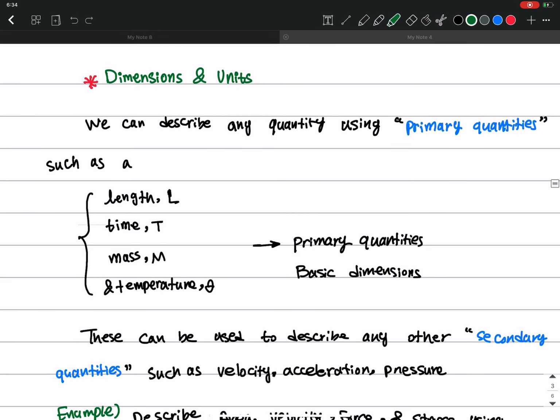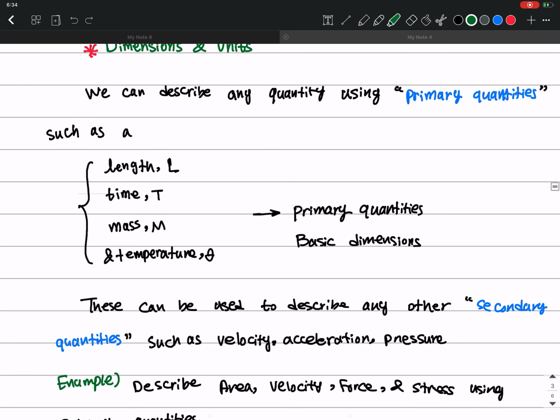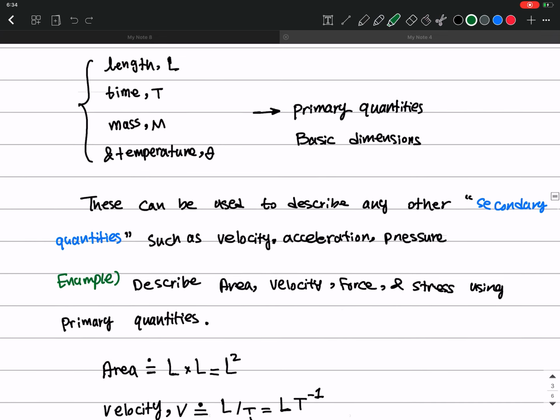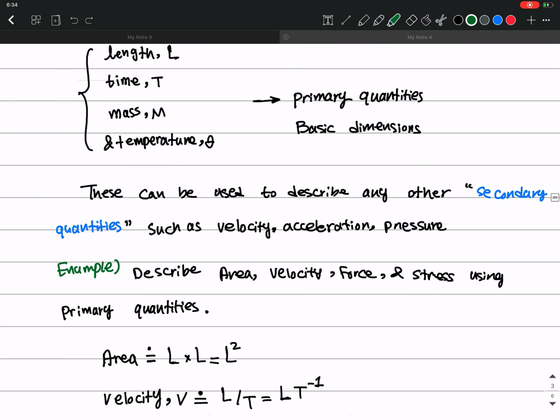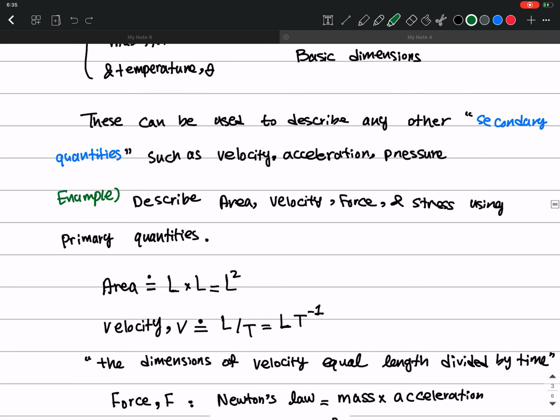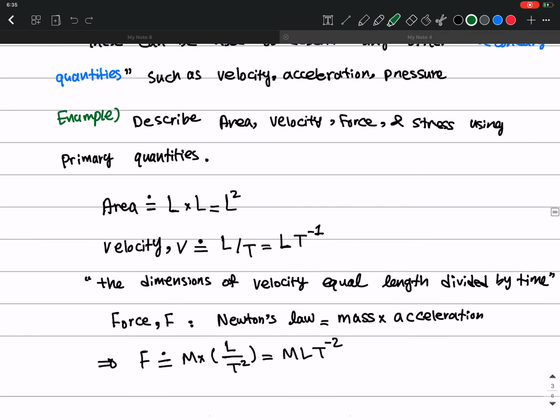Then we talked about dimensions and units. So we can describe any quantity using primary quantities, and these are the primary quantities that we have: length, time, and mass. And then these can be used to describe any other secondary quantities such as velocity, acceleration, and pressure. And then we solved an example in which we described these secondary quantities using those primary quantities.